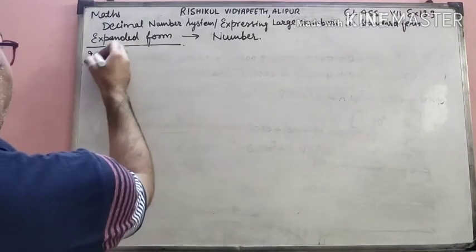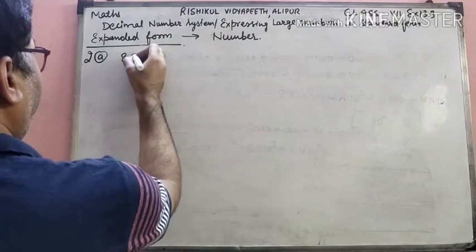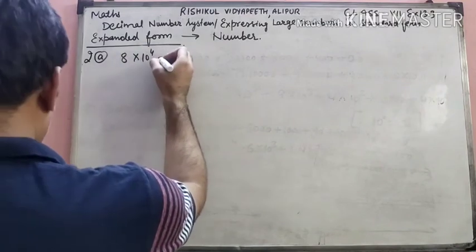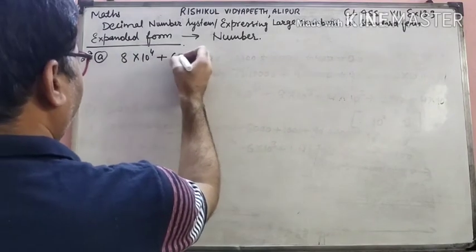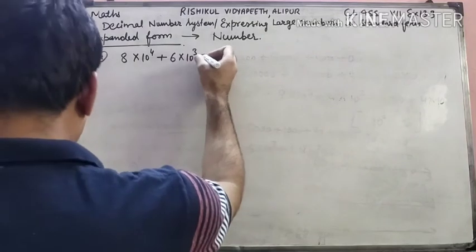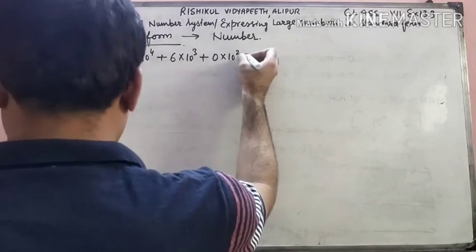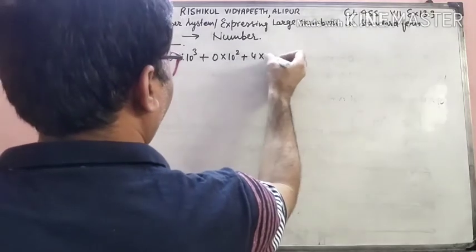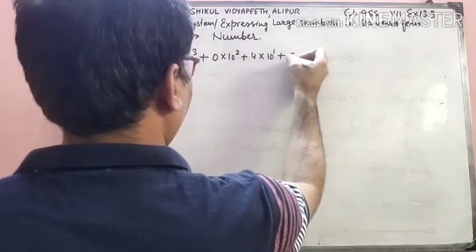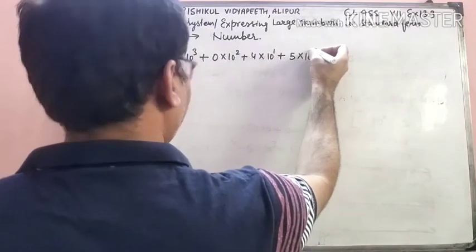Second question, A part: 8 into 10 raised to power 4 plus 6 into 10 raised to power 3 plus 0 into 10 raised to power 2 plus 4 into 10 raised to power 1 plus 5 into 10 raised to power 0.